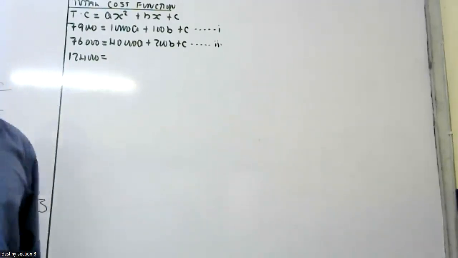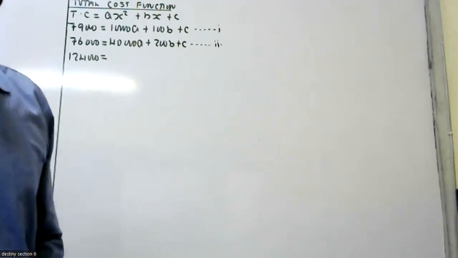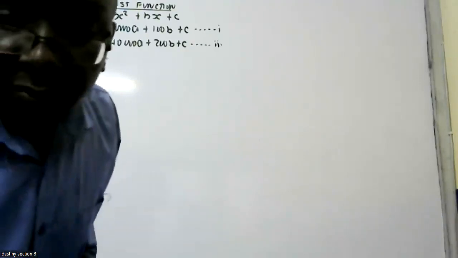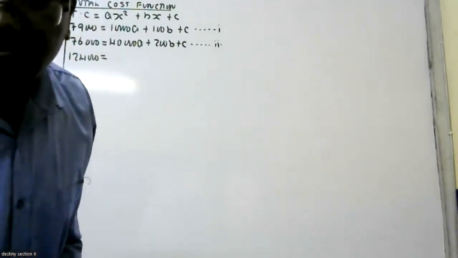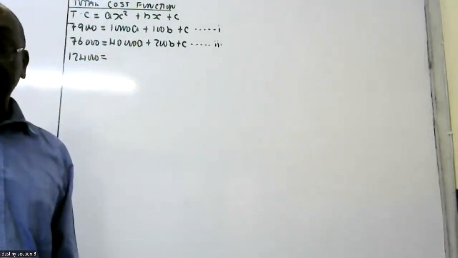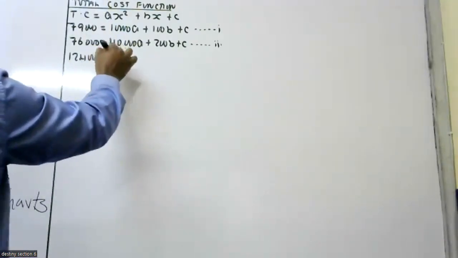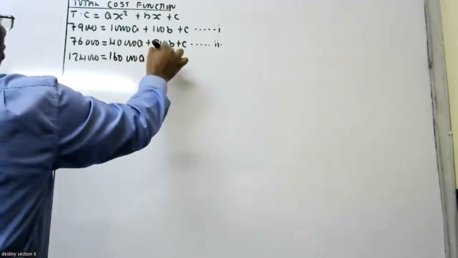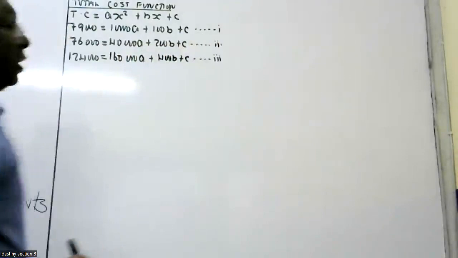Yes, it is 160,000. 160,000 A plus 400 B plus C. This is number 3.